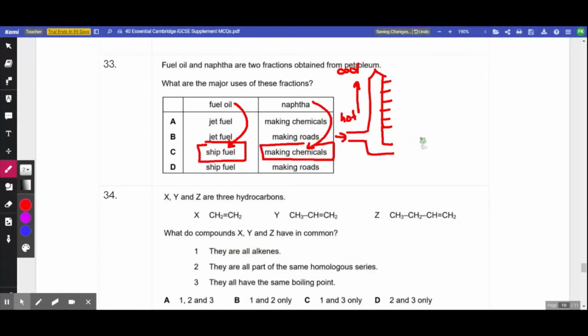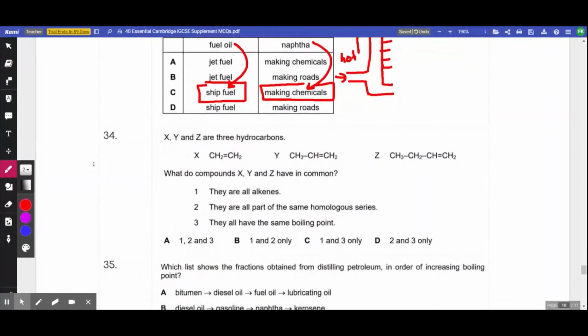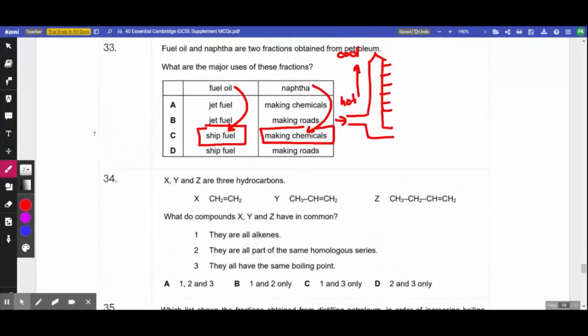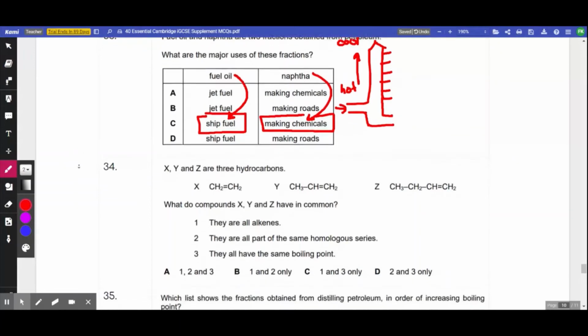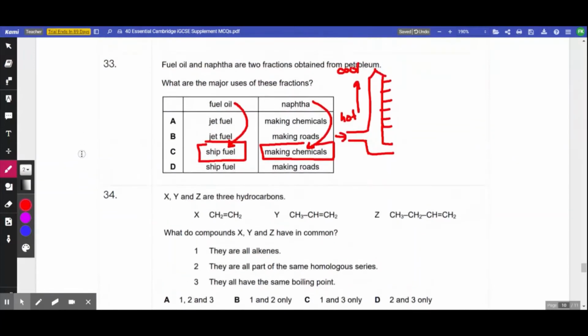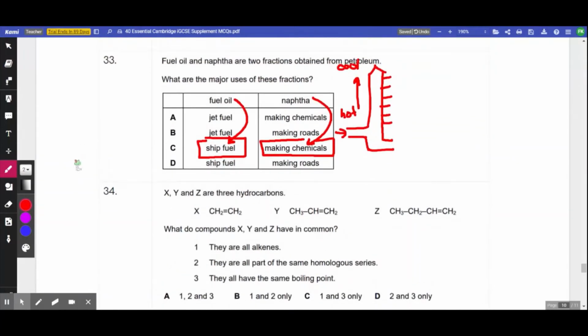It's actually a precursor for many synthetic materials, pharmaceuticals, medicines, and so on and so forth, plastics too, and polymers. So naphtha, making chemicals. It was just basically a question where if you have revised it and you've learnt the uses of the fractions, then you secure the answer.